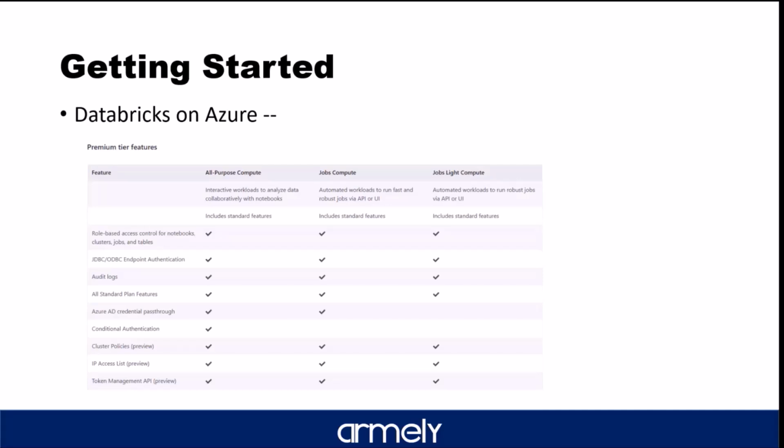When you're doing token management, this is where I'm defining how APIs are able to pull the data. If I want to do the integration with the APIs, I'm able to define how that data is being transferred or pulled. So if I want much more security management of my data, starting with the very first one we have there, role-based access control for notebooks, you want to go to the premium tier.